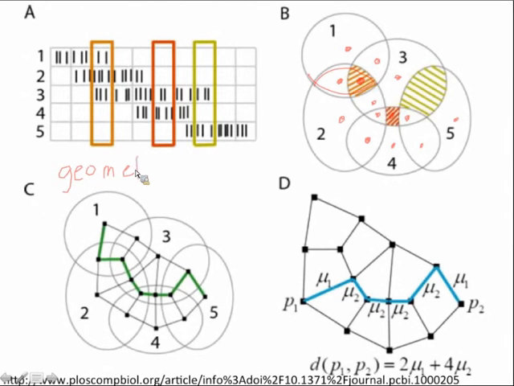To get geometry, that means we would like distances. So we'd like to actually create actual distances. So these are the place fields. We've got our place cells, and that gives us our place fields.